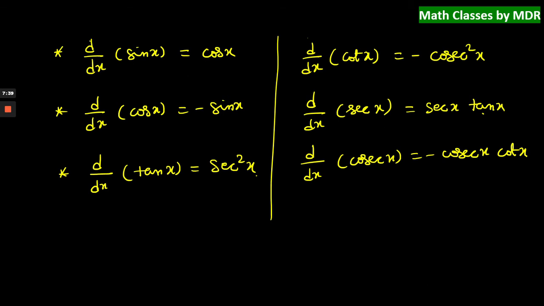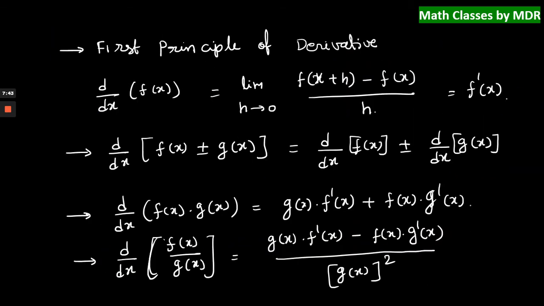So if you know about these three slides, you can see here we have discussed the first principle of derivative, and then algebraic functions of differentiation. That is, when you have f of x plus g of x, then we can do derivatives of f of x and g of x individually, and we can add them. When you have the subtraction also, the same principle is applicable, and this is known as the product rule.